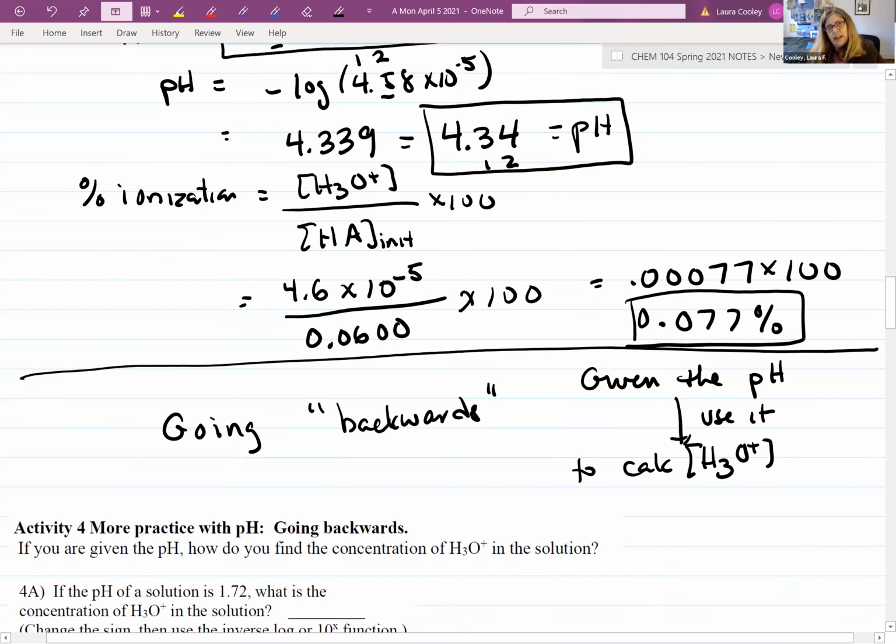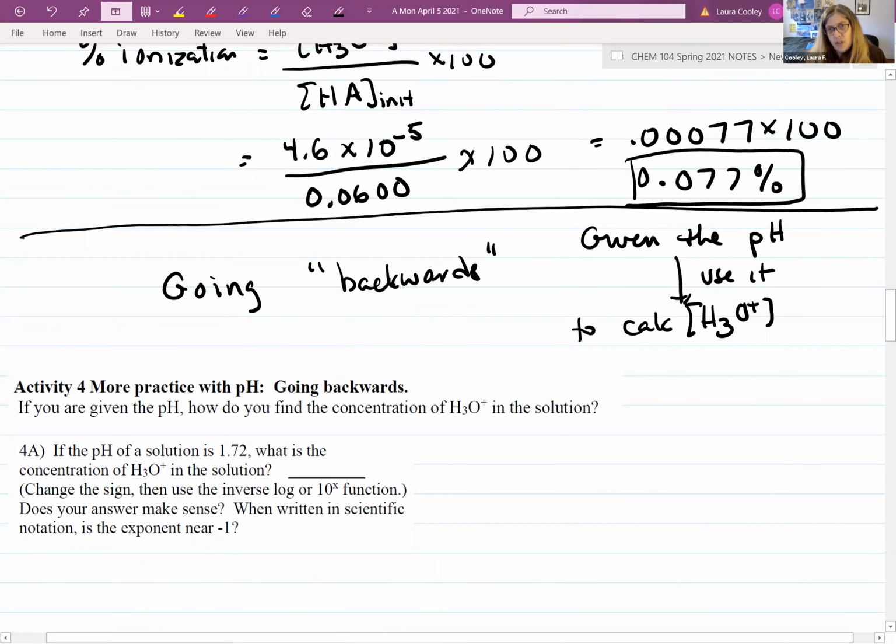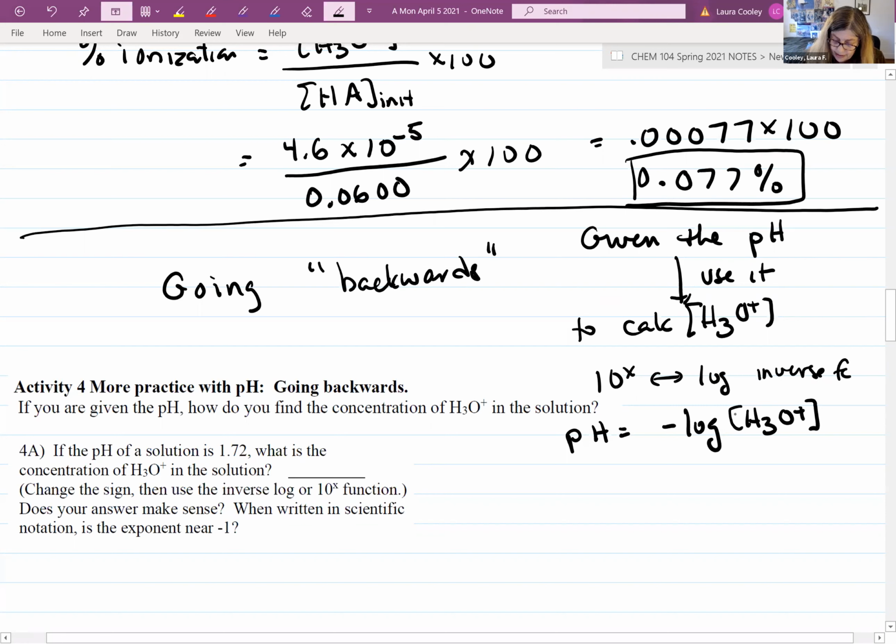So I've only told you about taking the negative log of the H3O plus to give you the pH, but you could go the other way. You take this equation, and the inverse of the log function is 10 to the x. So 10 to the x and log are inverse functions. I'm going to take 10 to both sides.